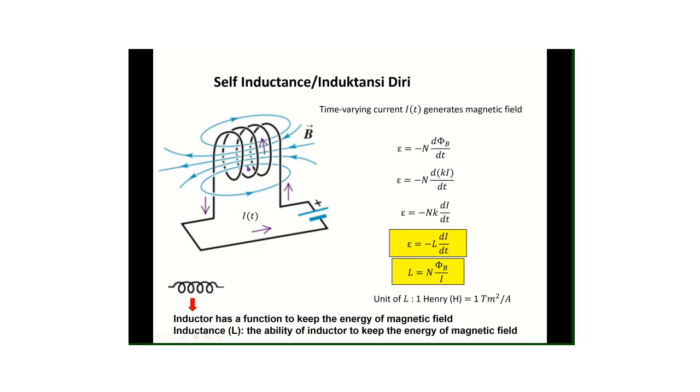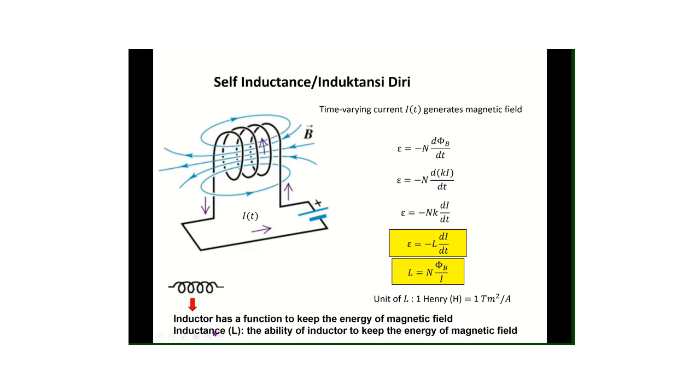If you find this symbol in a circuit, we call it an inductor. An inductor is also an electric property, just like a resistor and a capacitor. An inductor has a function to keep the energy of the magnetic field.